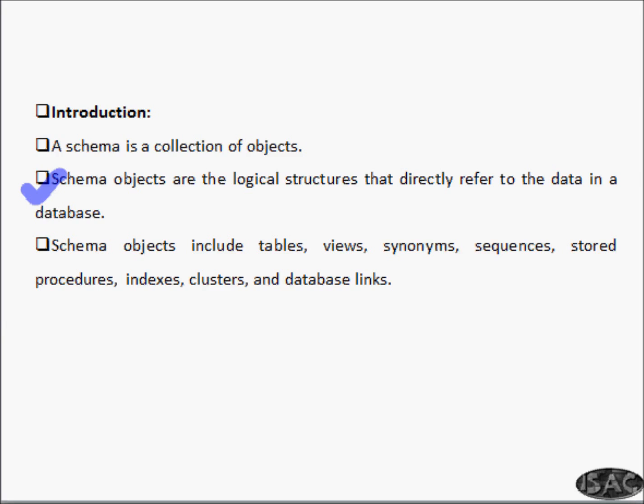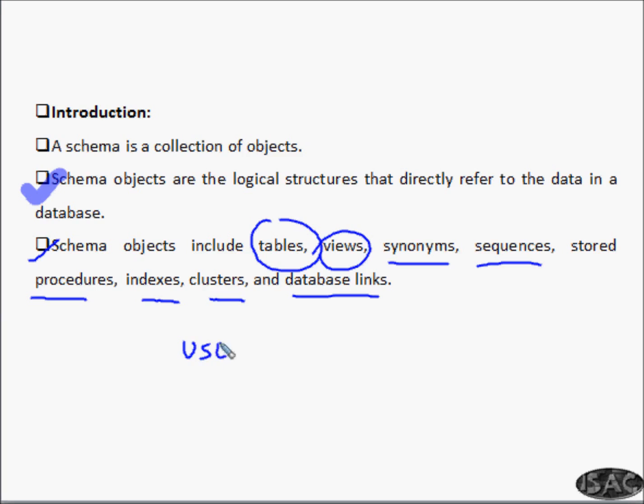Schema objects include tables, views, synonyms, sequences, stored procedures, indexes, clusters, triggers, database links, and a lot more. So when we create a database, the database has different users, say user 1, user 2 or 3, up to user n.